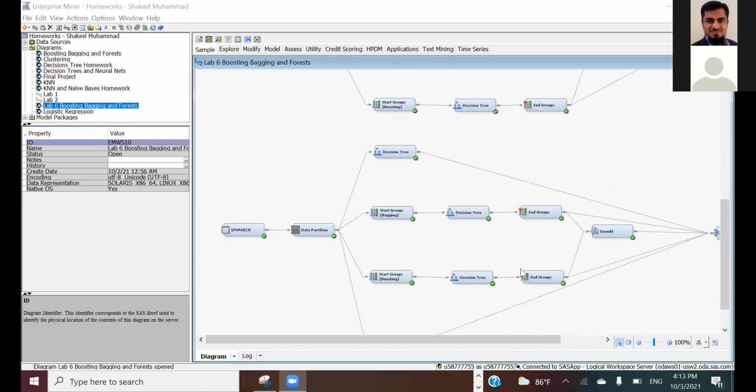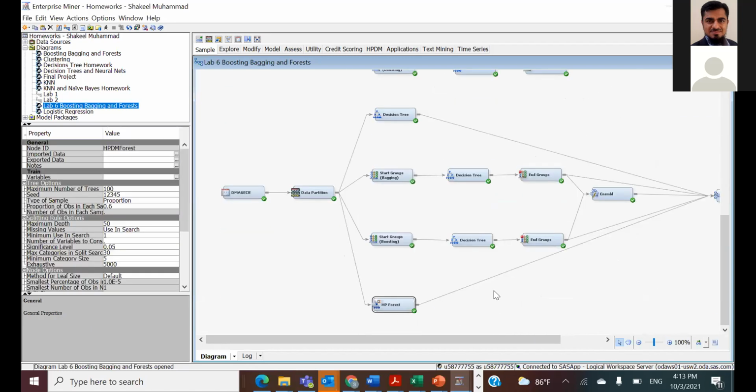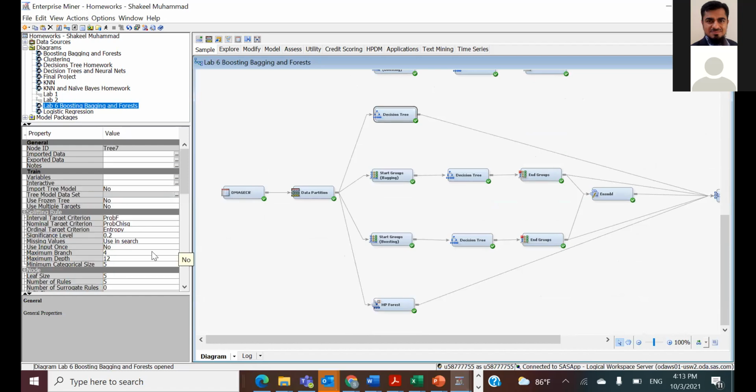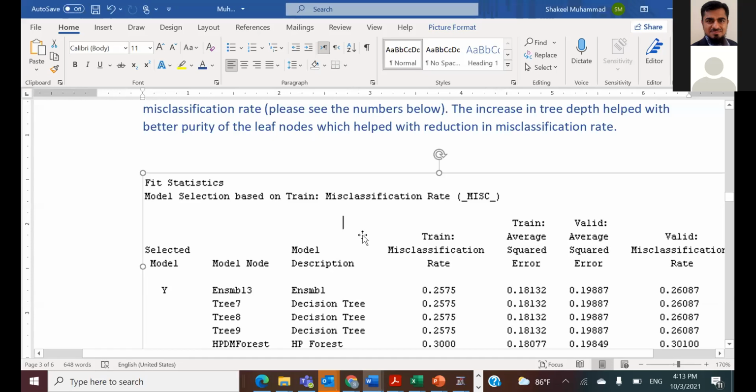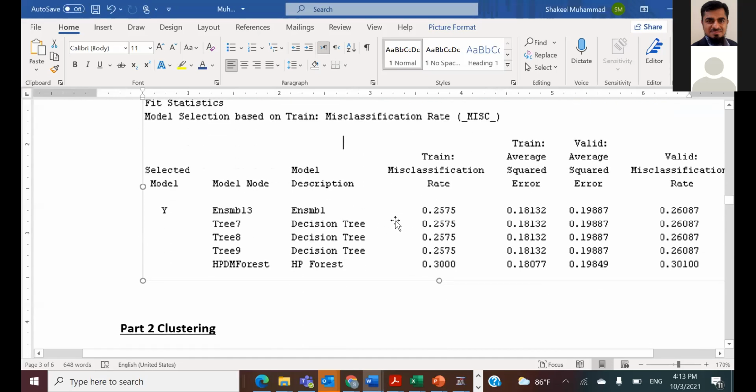Okay, so what I did, I actually added this HP forest, and also I increased the depth to 12. So when I did that, I could see that it went down with Ensembles, 0.2575. Actually, all 4 of them were kind of same.